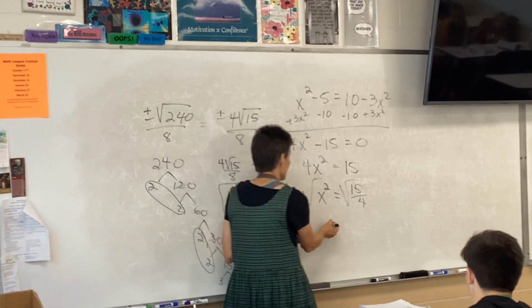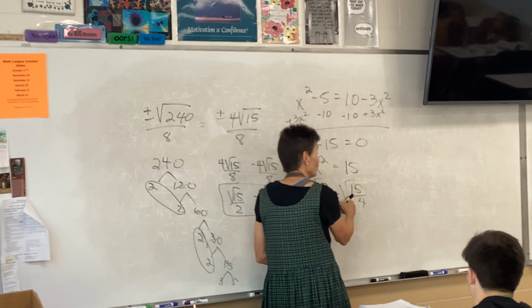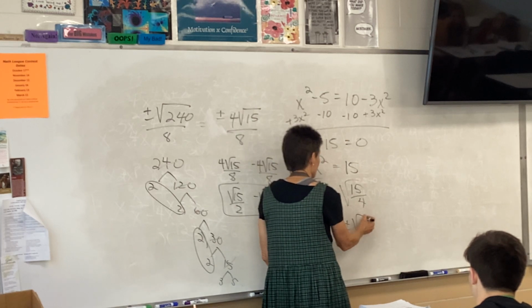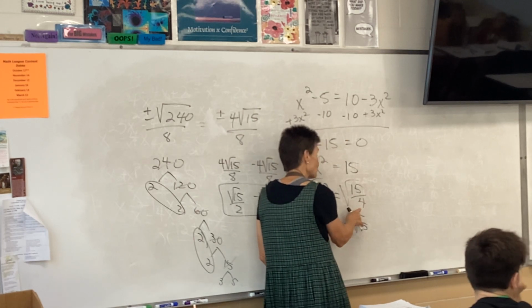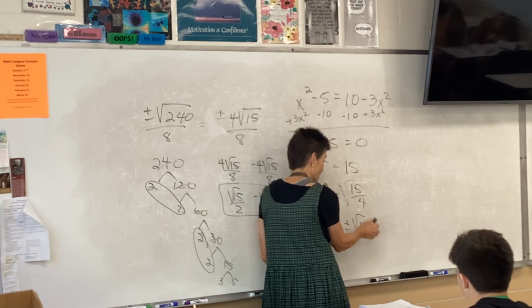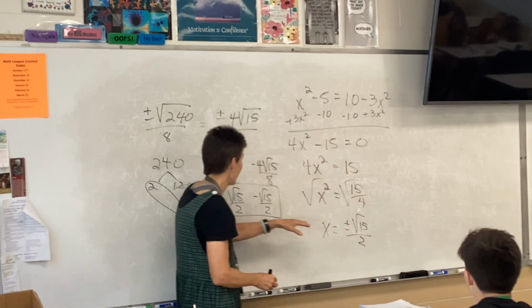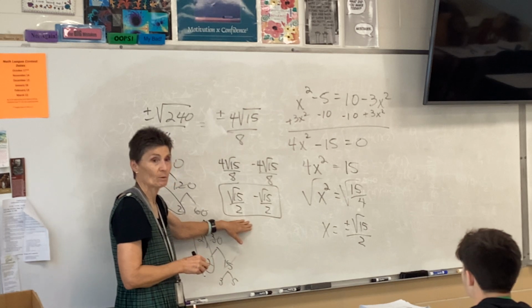What happens when we square root 15? We just get the square root of 15. But what happens when we square root 4? Look at the 2 answers we got. Aren't those exactly the same as we got with the formula?